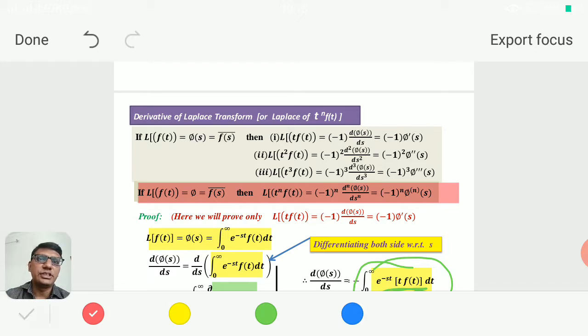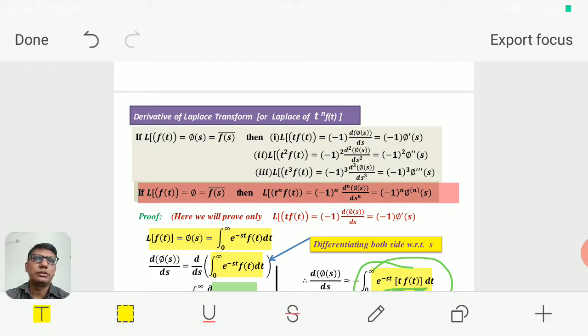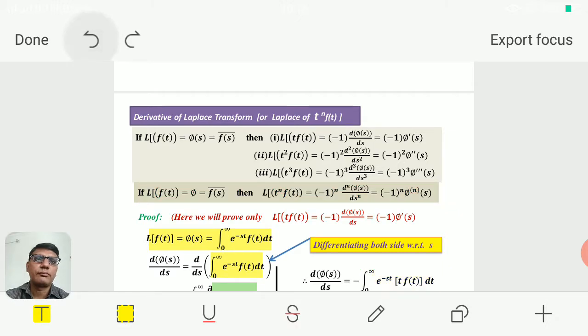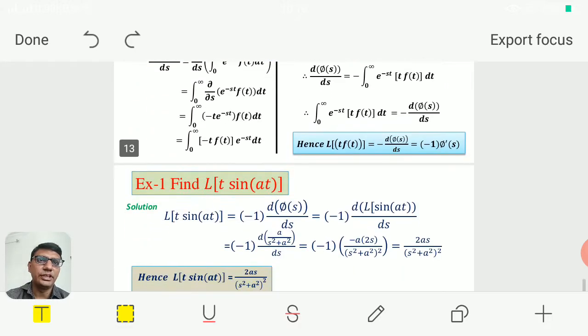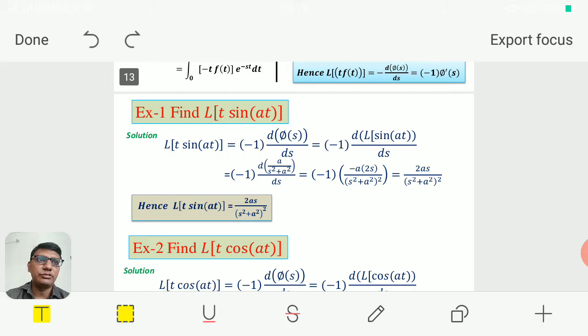Now we will see some examples of this. Let us see one example. Find the Laplace of t sin at.